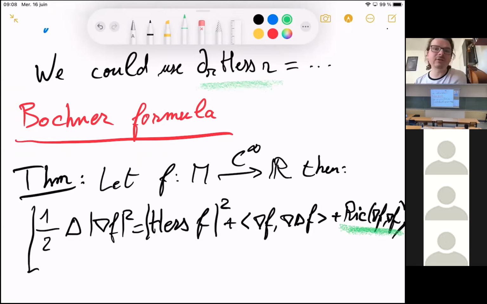We will get a lot of information by applying it to distance functions, and actually they are closely related in that setting.